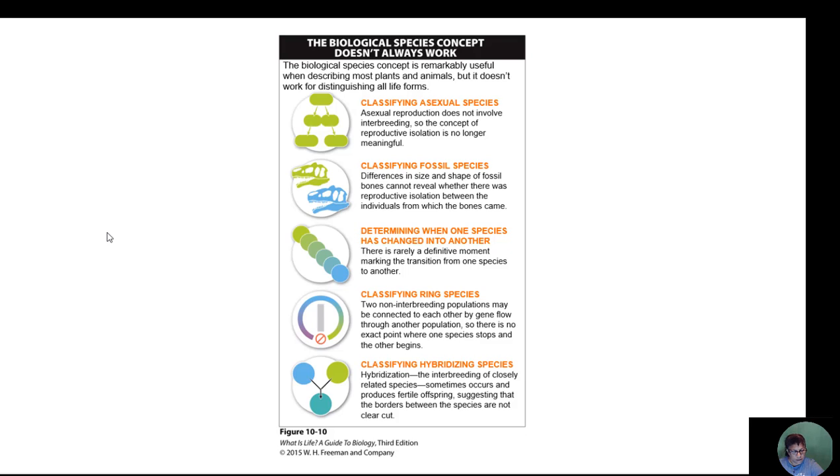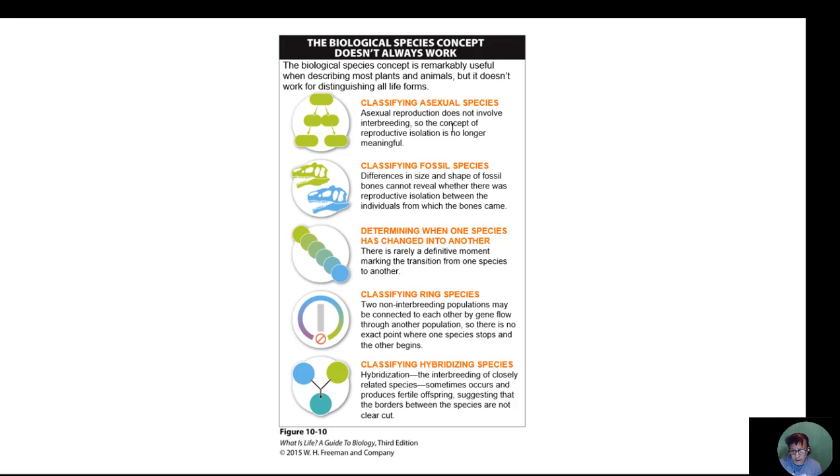That's all great and wonderful that we have the Linnaean system of classification, and it tends to work fine. However, sometimes the biological species concept doesn't work, because remember, the species concept is built upon whether or not organisms can interbreed, right? Well, what happens when you're trying to classify an asexual species? It's not breeding at all, right?